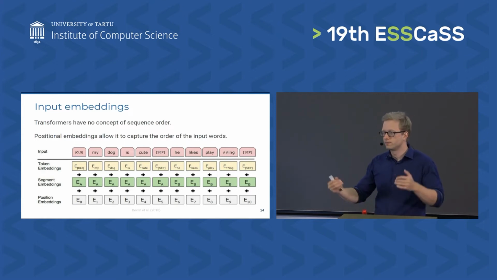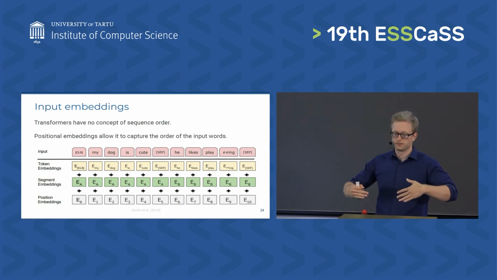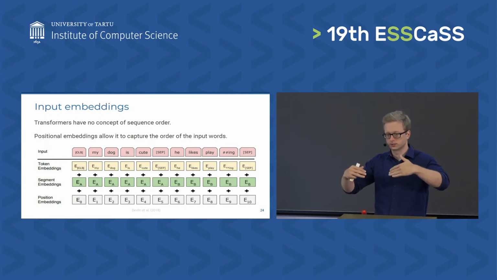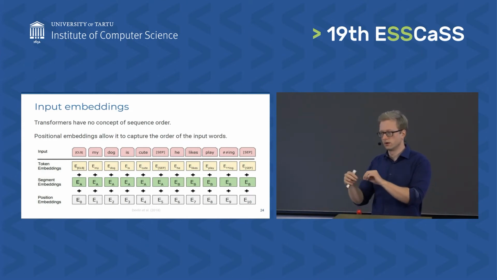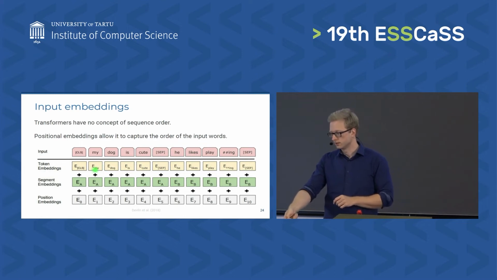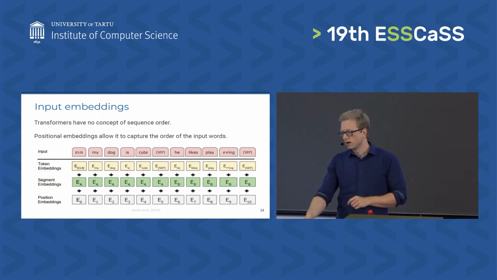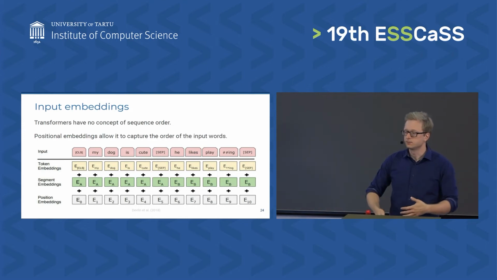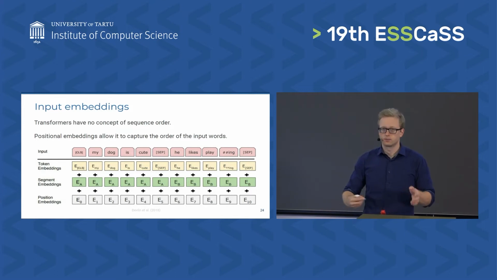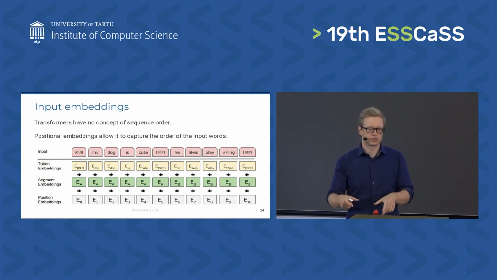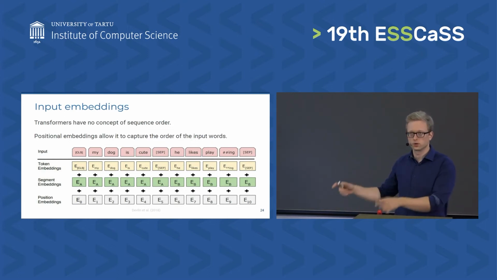So before the model starts computing with the transformer components, the inputs are just regular word embeddings, the old style embeddings where each token has its own vector representation. These are the yellow ones over here. But we extend these by adding in segment embeddings. These are vectors that represent which sentence a particular word came from. This is useful for tasks where we have multiple sentences going in as input.